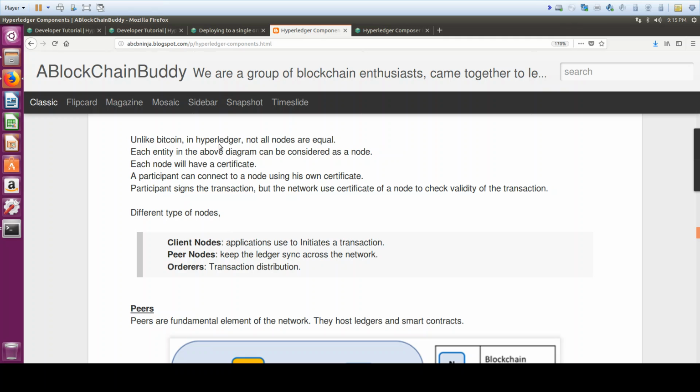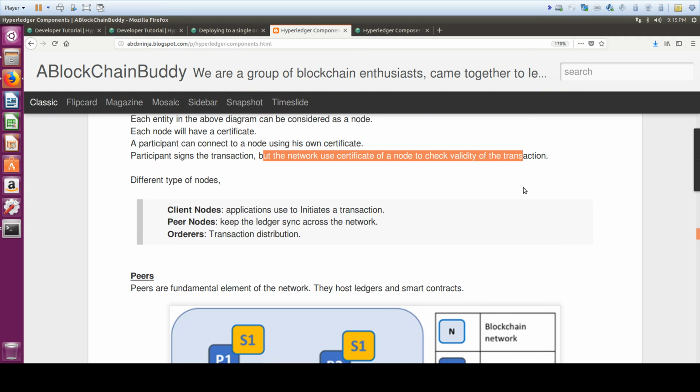Unlike Bitcoin, in Hyperledger, not all nodes are equal. Each entity in the above diagram can be considered a node. Each node will have a certificate. Every entity inside Hyperledger has a certificate. A participant can connect to a node using his own certificate. The participant signs the transaction, but the network uses the certificate of a node to check the validity of the transaction.